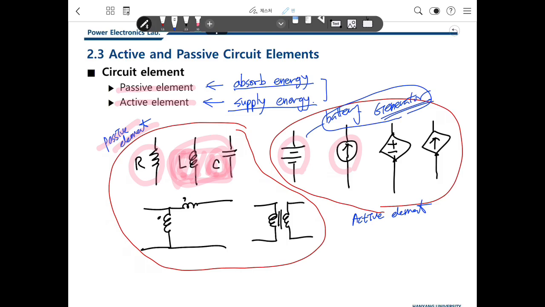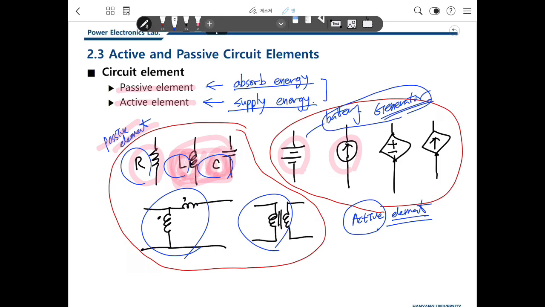We would say that is the active element. So passive and active elements can be distinguished by whether they can supply energy or not. In this theory, R, L, C, coupled inductor and transformer are passive, and the other things can be understood as active elements.